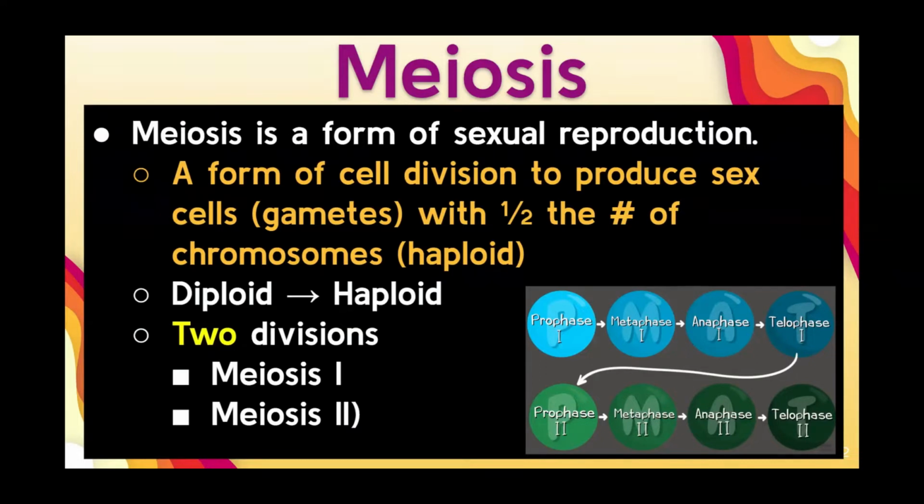You can see in the image, we have prophase 1, metaphase 1, anaphase 1, telophase 1, prophase 2, metaphase 2, anaphase 2, telophase 2. It follows the PMAT, but it just repeats twice. If it has a Roman numeral 1 or just the number 1, it goes with meiosis 1. If it has the Roman numeral 2 or just the number 2 after it, it goes with meiosis 2.